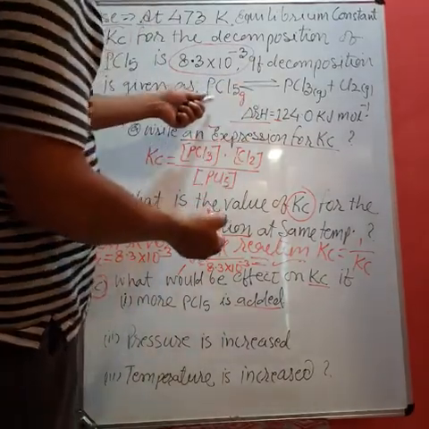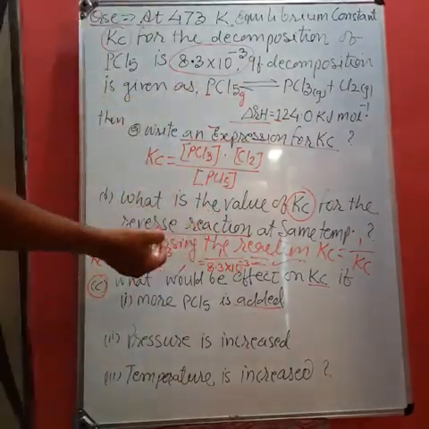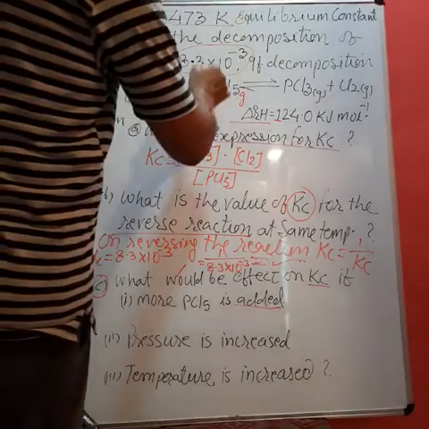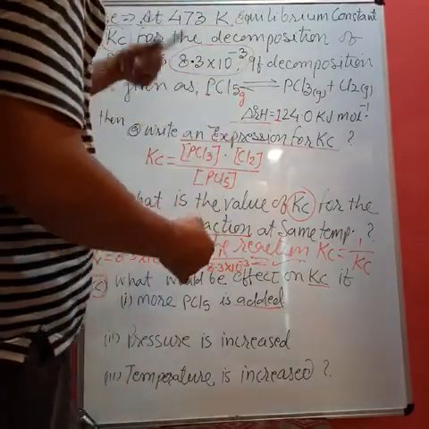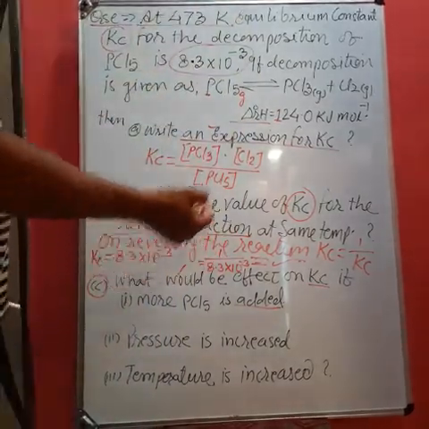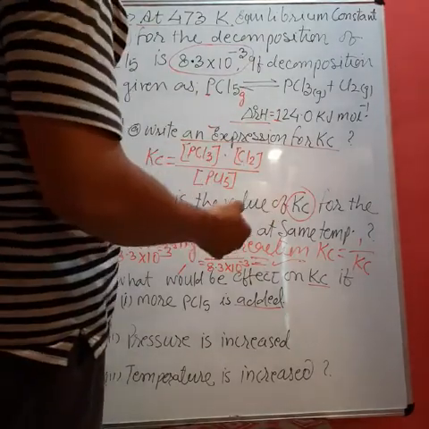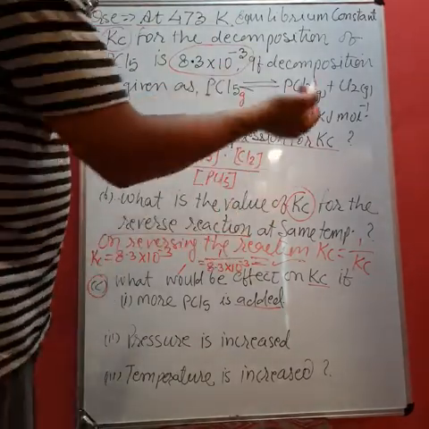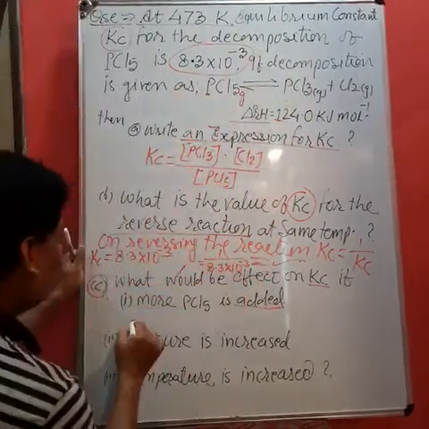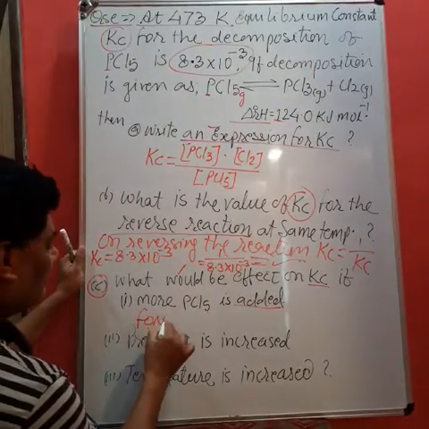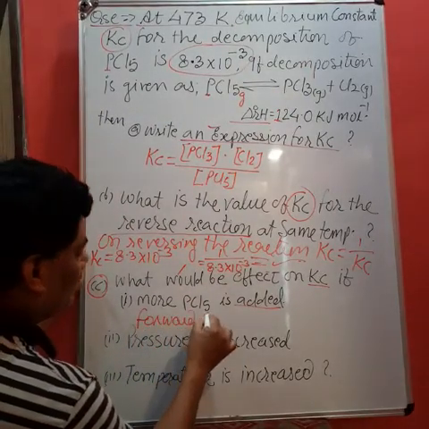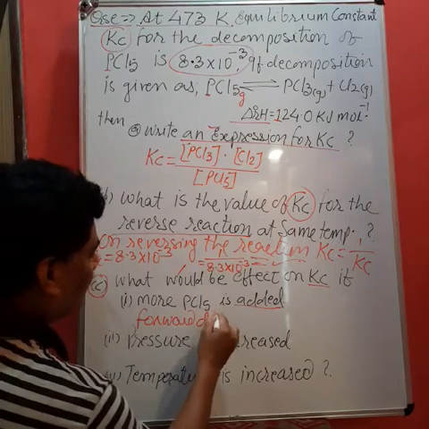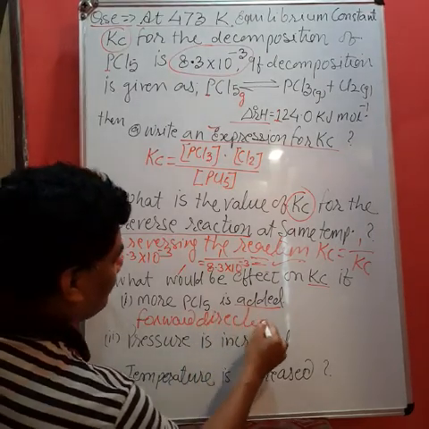It is on the reactant side. So if the concentration of any of the reactant species is increased, then the reaction shifts to the product side. So the product side means the forward direction.